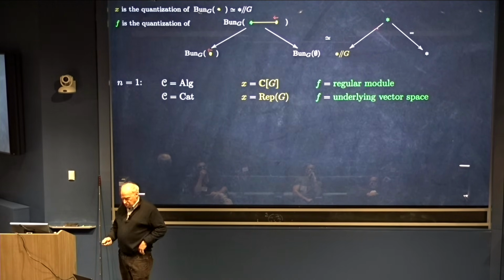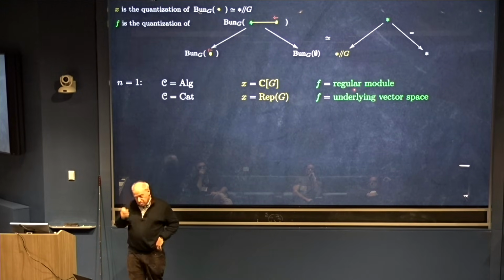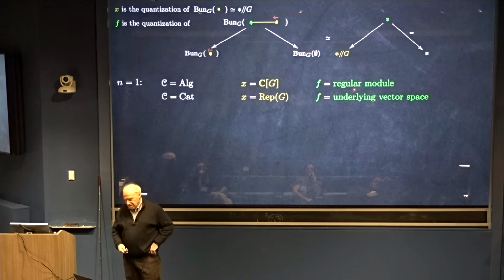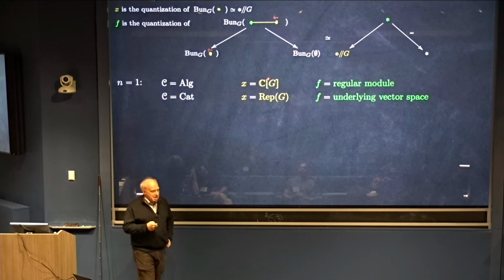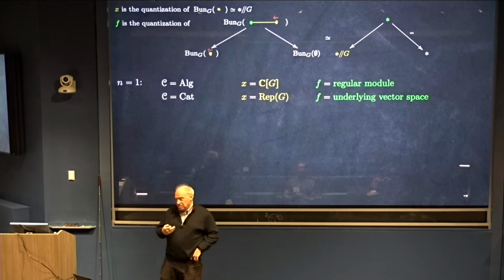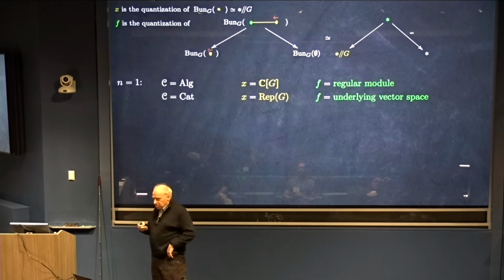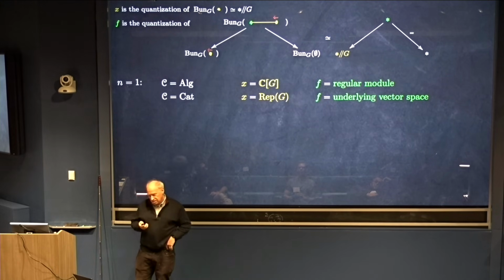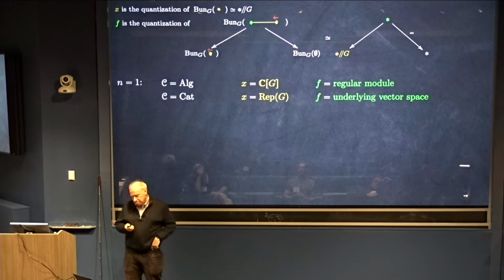And again, you can go through the correspondence and you'll see what's attached to this Bordism F is the regular module for this, the right regular module for this algebra. On the other hand, we could quantize in categories, and we'll get the category of representations or the category of modules for that algebra. And then the map F is a tensor functor from rep G, or just a functor from rep G to vector spaces, and it's just taking the underlying vector space.